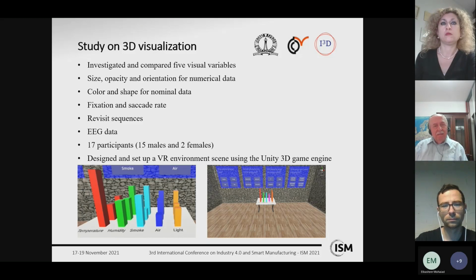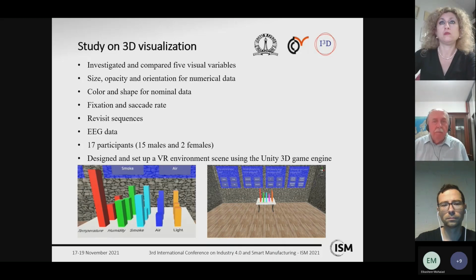In a similar way, some visualizations will represent numerical values as opacity or orientation, and here the nominal values, which are temperature nodes and humidity nodes, are represented by colors. Some values will be represented by shape. I also recorded EEG data to analyze the cognitive load.